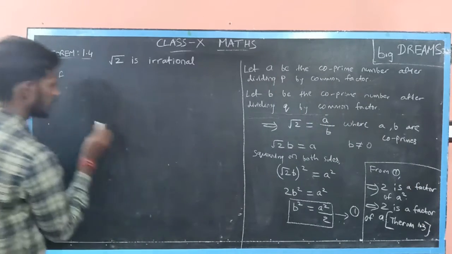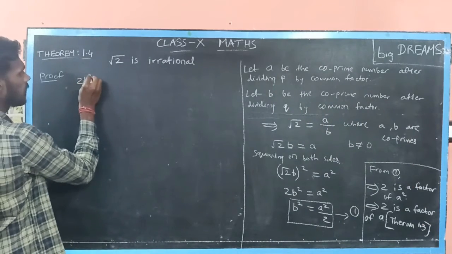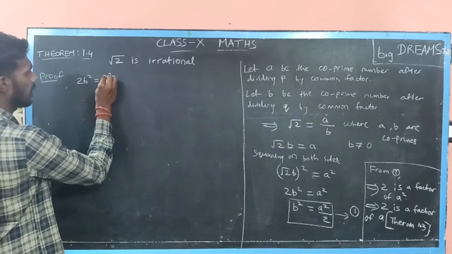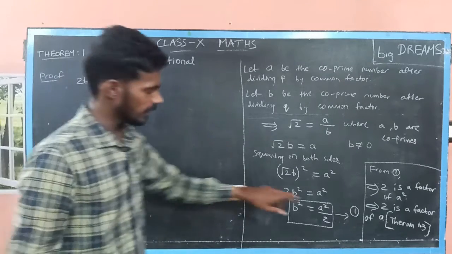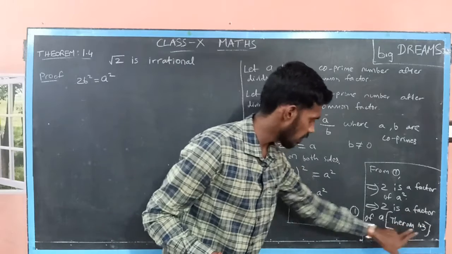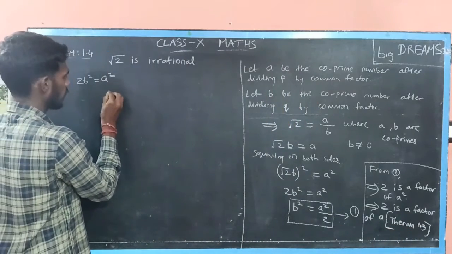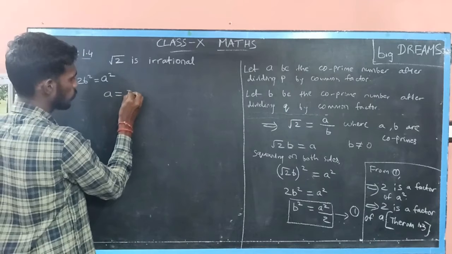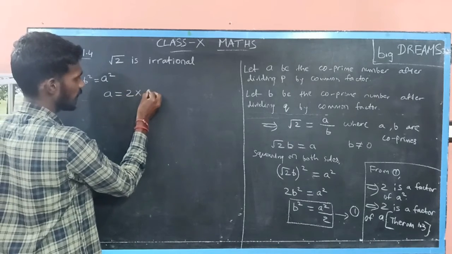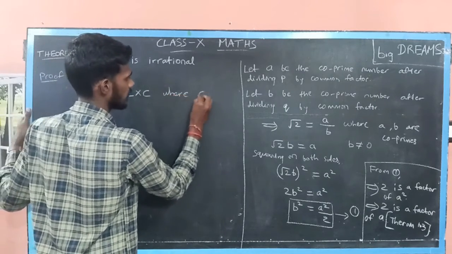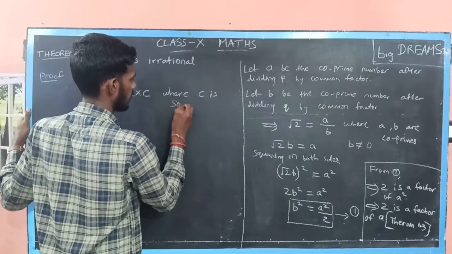Then write this statement: 2b square is equal to a square. I am taking this statement. See here, 2 is a factor of a, so I can conclude a is equal to 2 into some value c, where c is some integer.